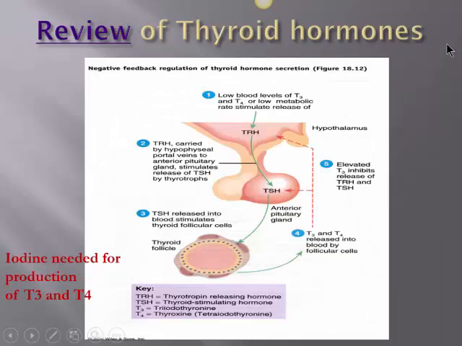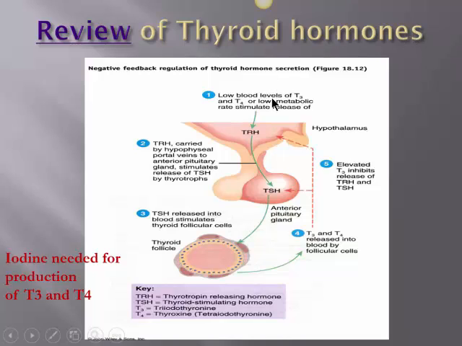So we did thyroid. So here's a review of the thyroid gland, and it's very important for you to know the various hormones that take part in the feedback loop. Remember, thyroid hormones was one of those which was under hormonal control.